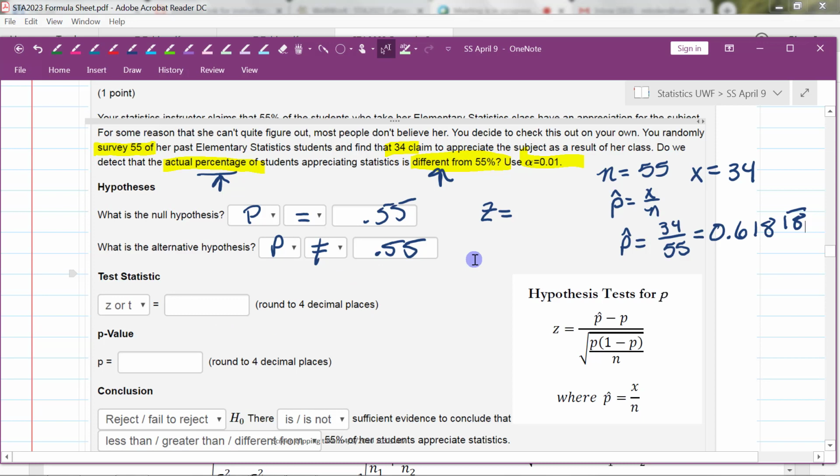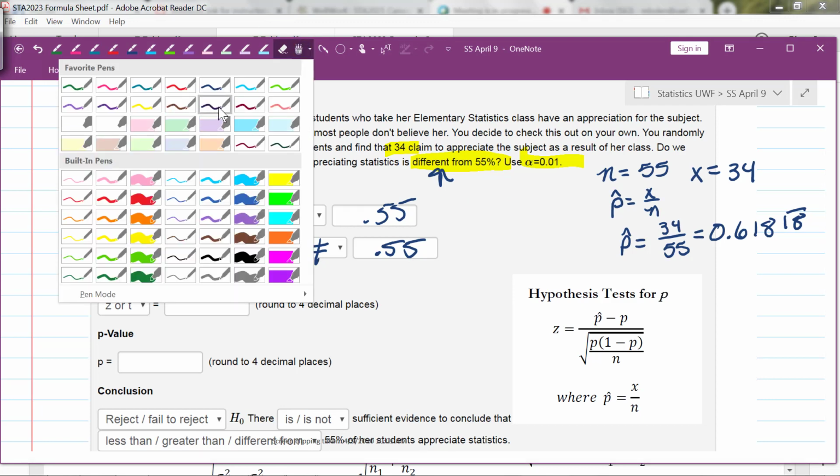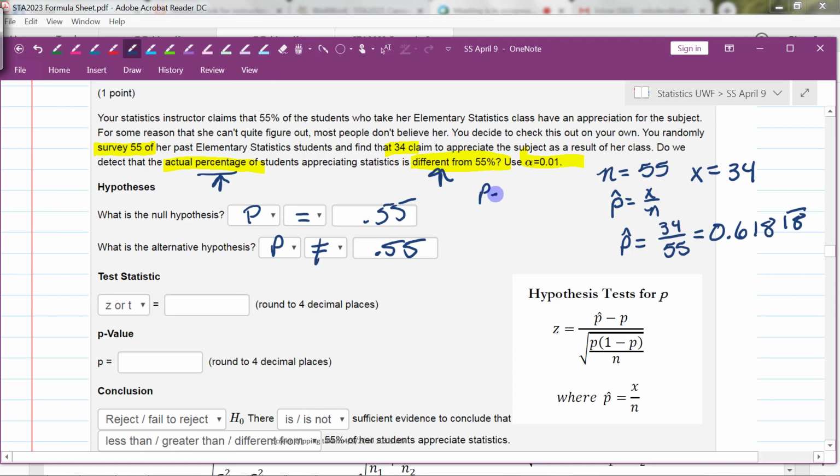Our test statistic, oh, we haven't finished that yet. So that's p hat. P is what's in your hypothesis. That's what we have historically known to be our proportion. So P is equal to 0.55.